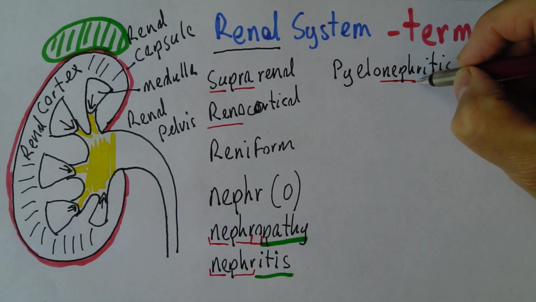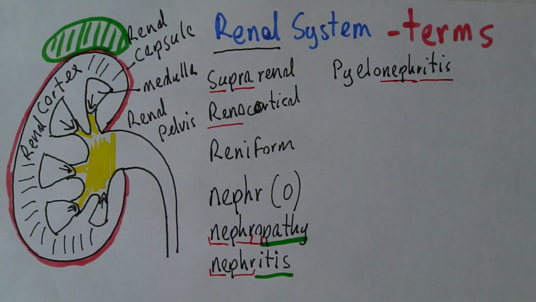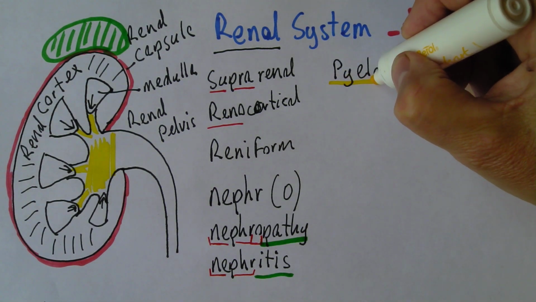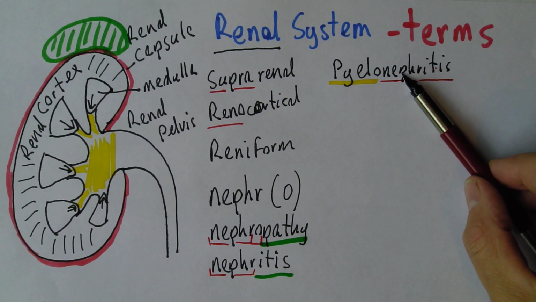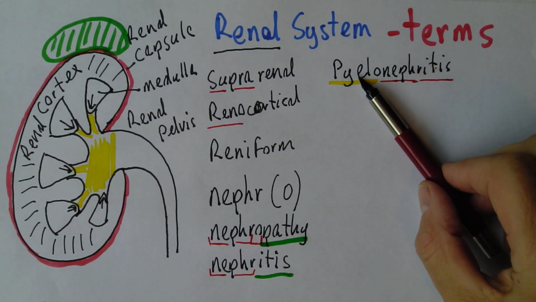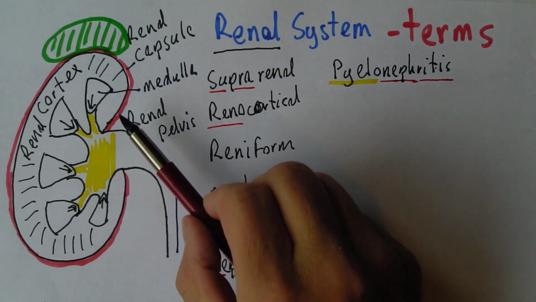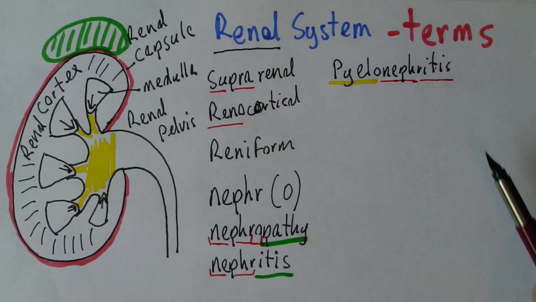So it's inflammation of the kidney, but pyelo means to do with the renal pelvis. So pyelonephritis describes inflammation, kidney, renal pelvis. So in pyelonephritis, there's going to be inflammation of the pelvis and the renal tissue, the renal parenchyma. Nearly always a bacterial infection, can be quite serious.